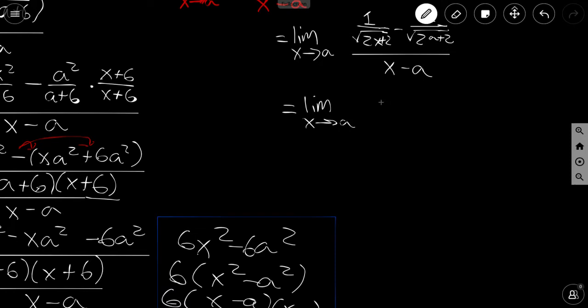So we're going to get a common denominator, and we're going to do so by multiplying by 2 square root 2a plus 2 over same thing.